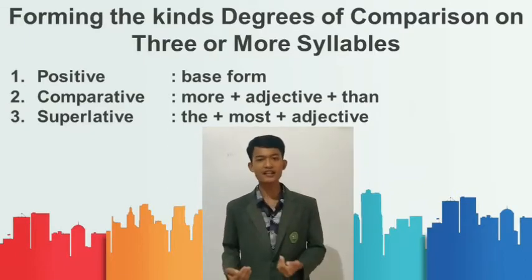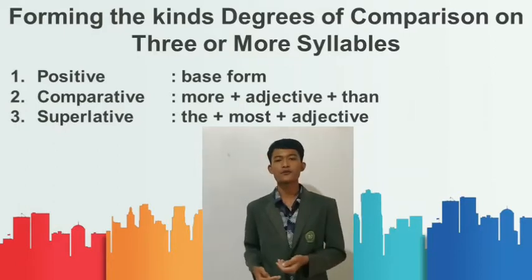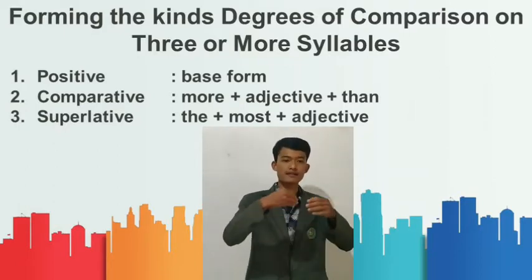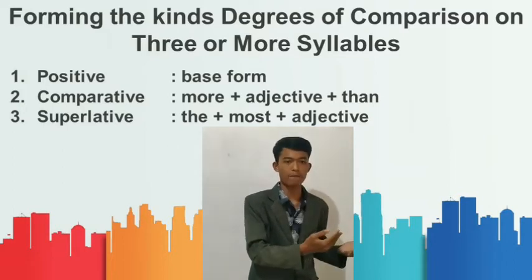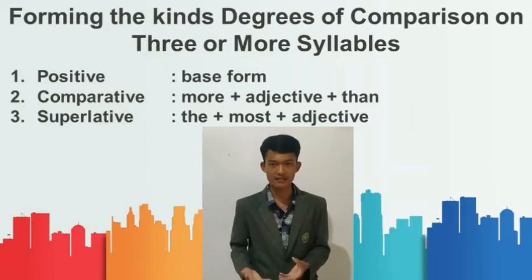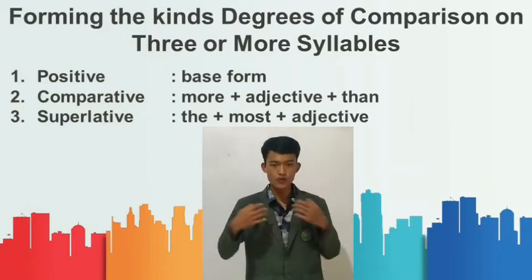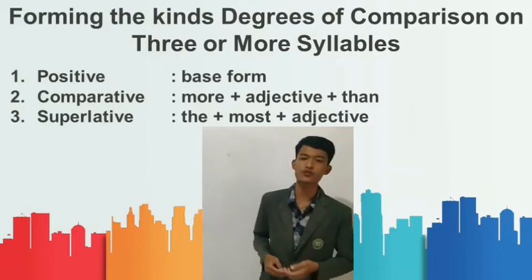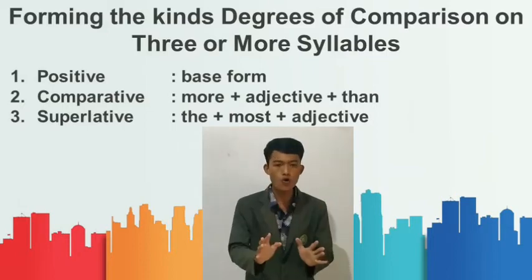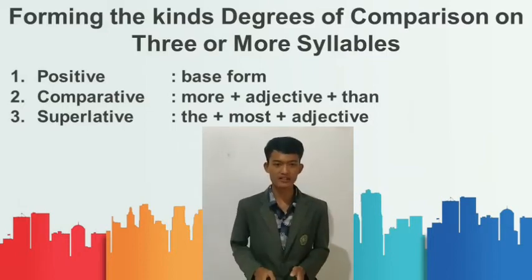And then the second is the comparative form. We use more plus adjective plus than. Next is the superlative form. The superlative form is the plus most plus adjective.